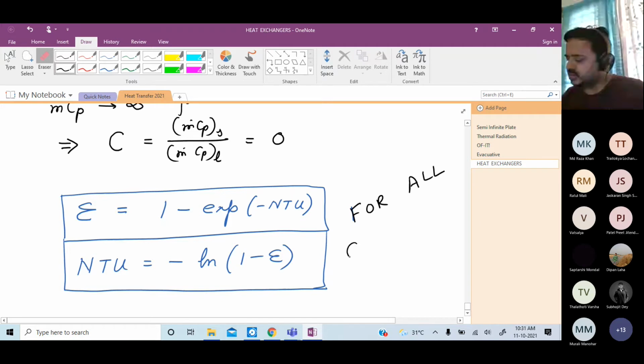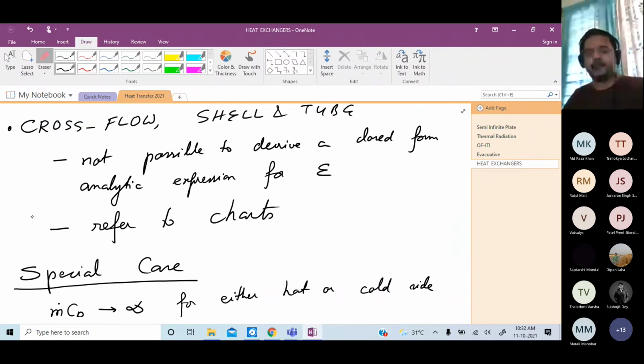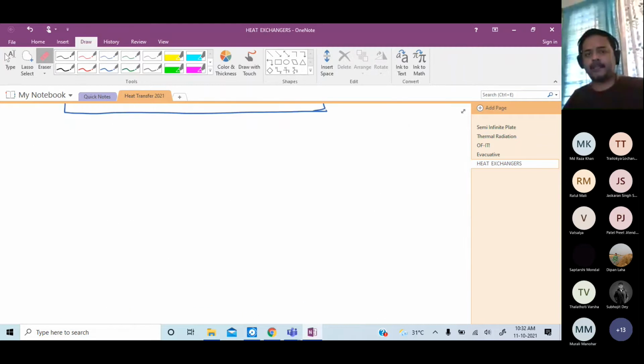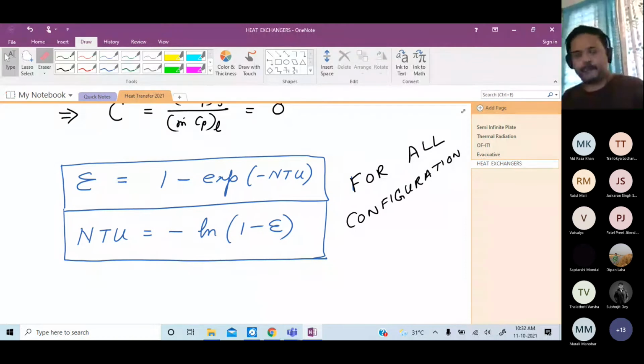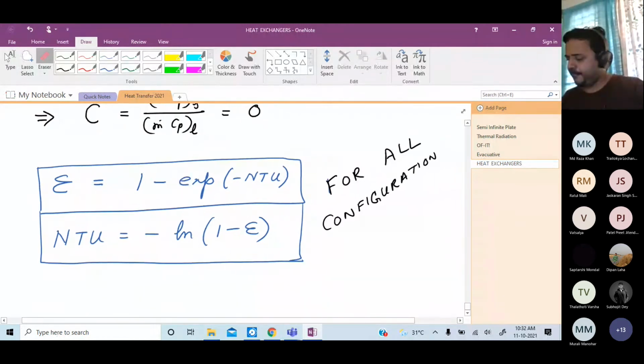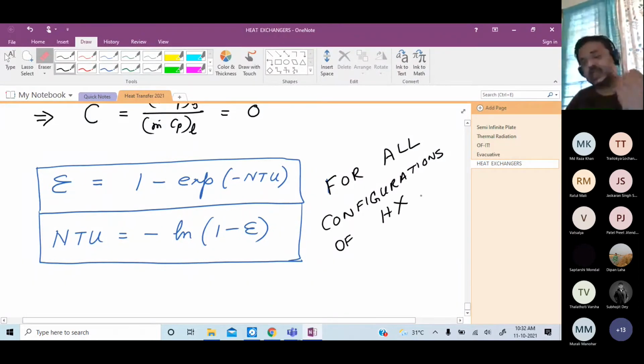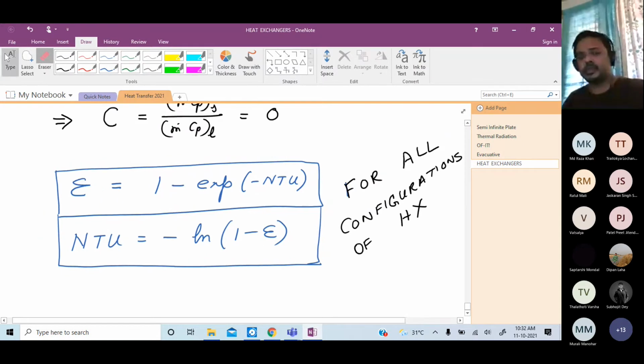Okay, this you have to take my word. It's true for all configurations of heat exchanger, whether it's parallel flow, counter flow, any type of cross flow, shell and tube, whatever. So keep this in mind.